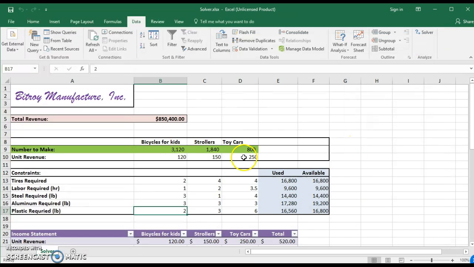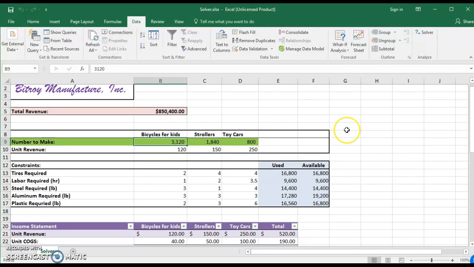And okay, so there we go. So we can make 3,120 bicycles, 1,840 strollers, and 800 toy cars. And by making those, we can maximize our revenue with those limited resources.